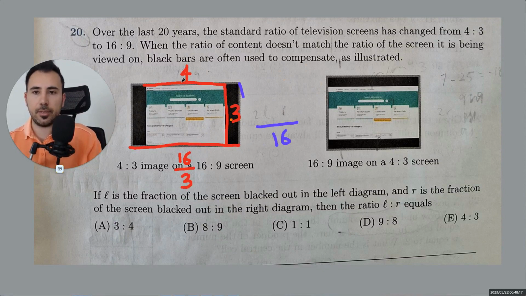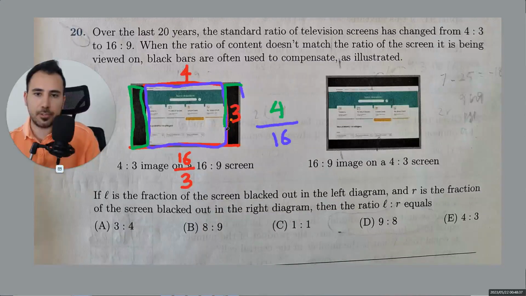The area of this shape is 3 times 4, which is 12. So what is the area of the black bars? 16 minus 12, 4. So the area of this plus this is 4. So what is L? That's L.